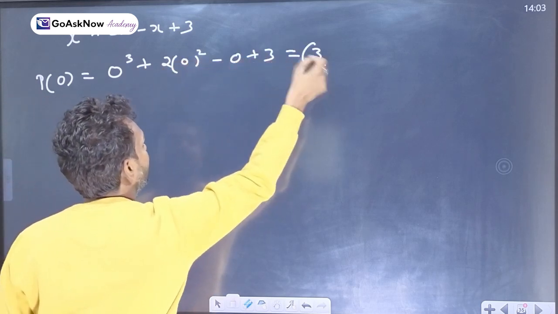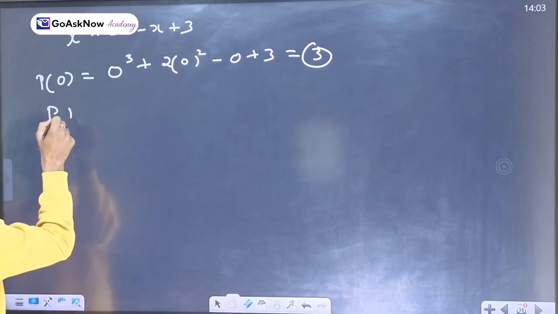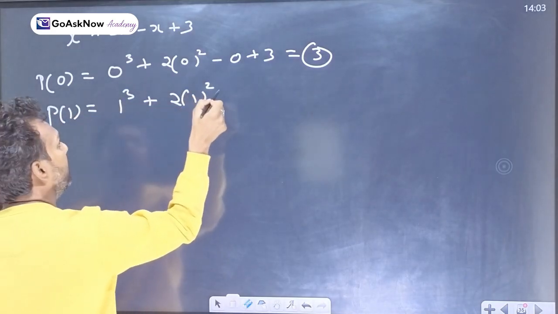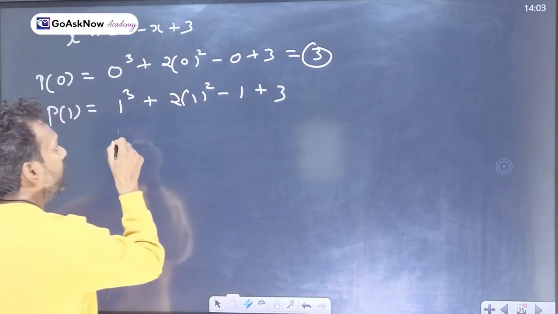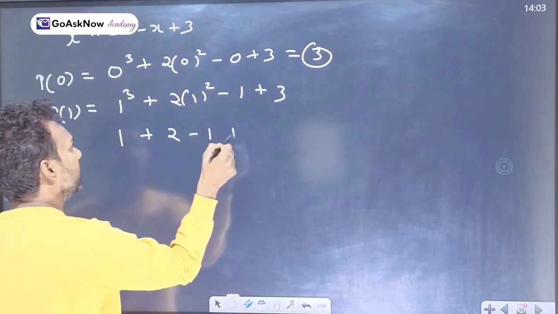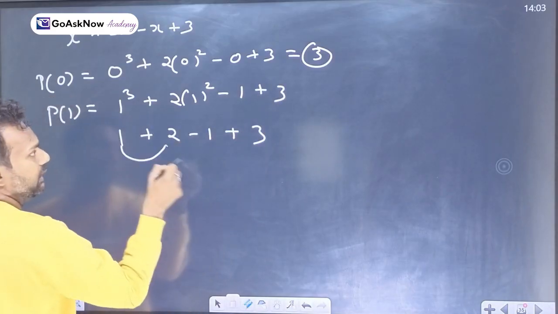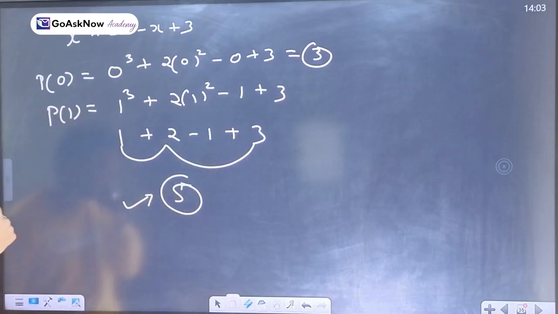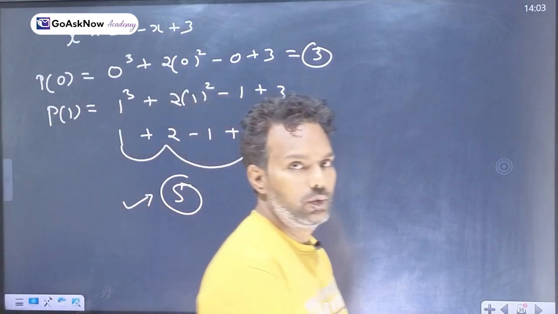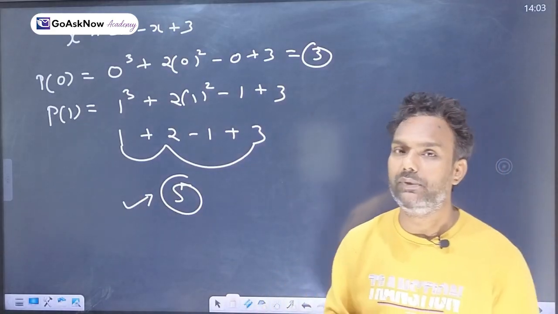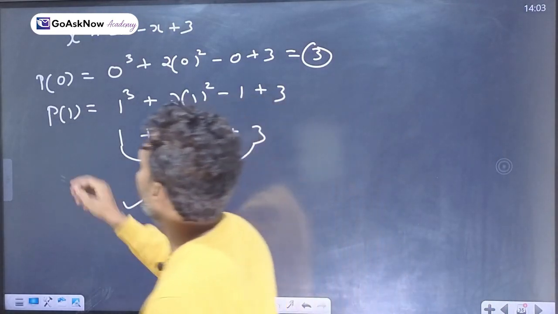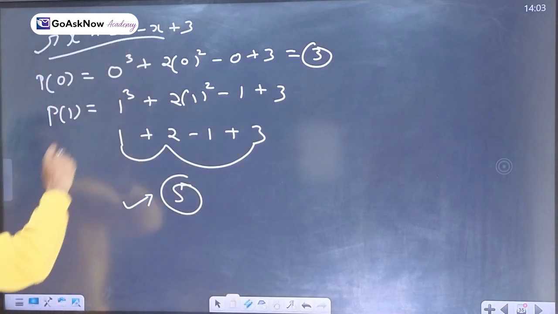The answer is 3. To find P(1), it's 1 cube plus 2 into 1 square minus 1 plus 3, 1 plus 2 minus 1 plus 3. It's 3, 3, 6 minus 1, 5. So when we say find the value of the polynomial for a given number, we put the number in place of the variable and then solve it.